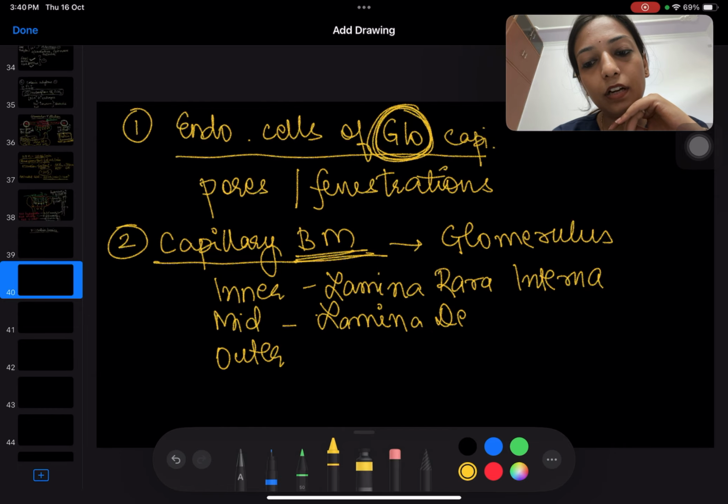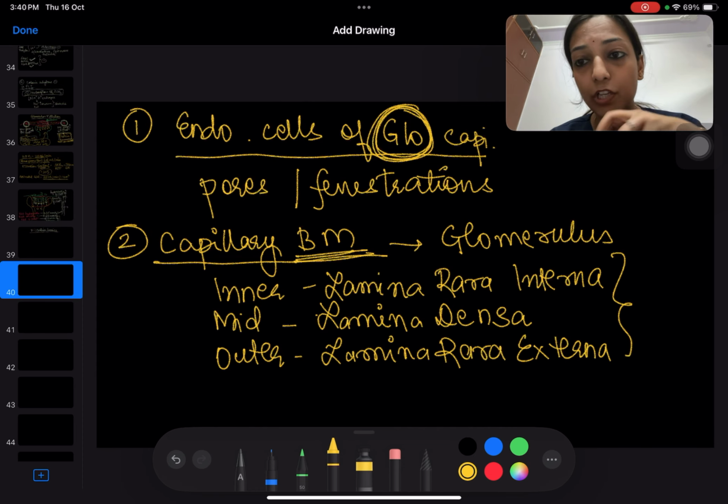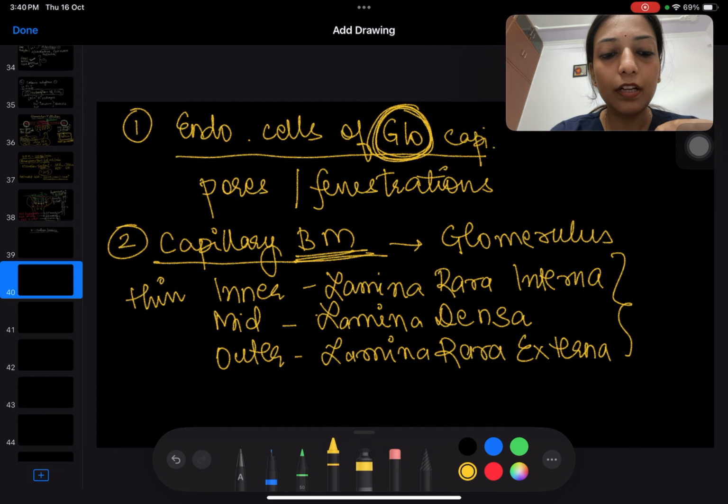And the outer layer is known as lamina rara externa. This I have never studied during my preparation for NEET PG, but here we are, and this has been asked. That is why I'm mentioning it over here. So the capillary basement membrane again has three layers. Inner layer is a thin layer, middle layer and outer layer are thick layers, right?